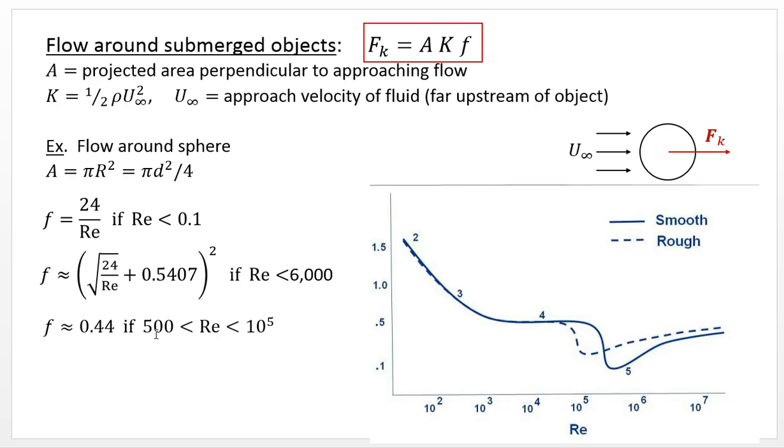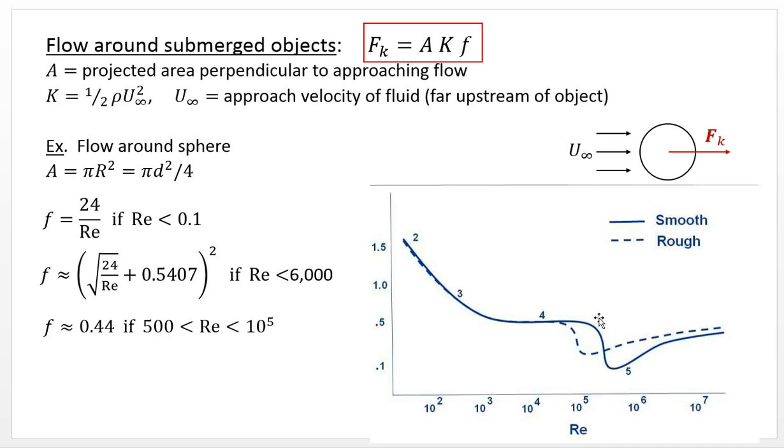We see a couple of interesting things, however, on this plot. One is there's this very rapid decline in the friction factor once the Reynolds number exceeds a certain value. And eventually it starts to grow back up as Reynolds number increases further. However, what it implies is that if one's going at a certain velocity, if the velocity increases a little bit more, the friction factor and therefore the drag on the sphere will drop suddenly for a particular value of Reynolds number.